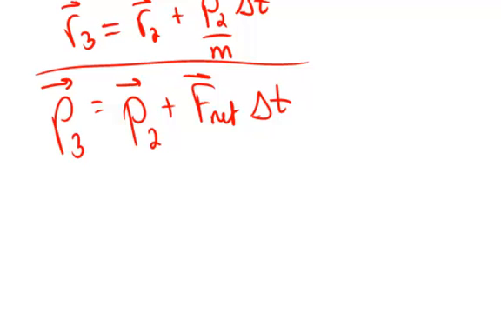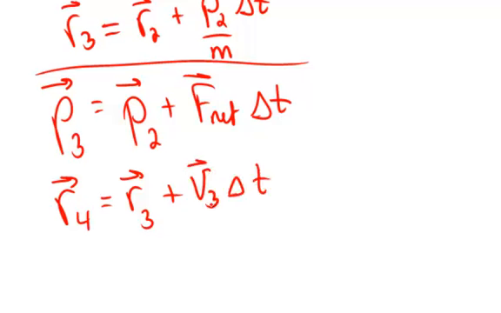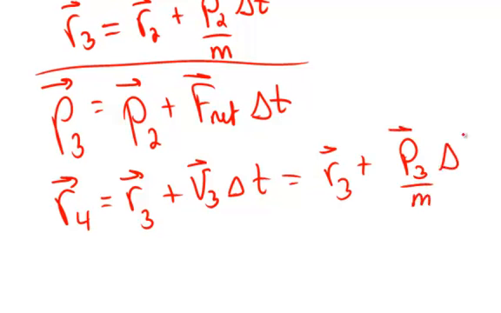And to figure out the next point, R4, I'm going to use the position update. That's R3 plus V3 delta T, where V3 is due to that momentum right there. So that is R3 plus P3 over M delta T.